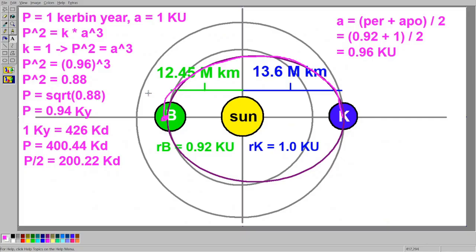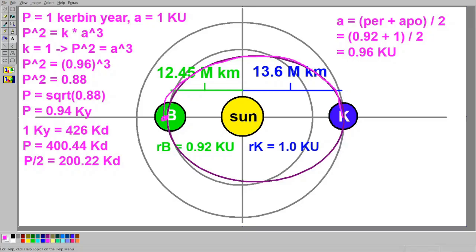So first, what I need to do is calculate how long it takes in Kerbal days for Bill Kerman to go around the sun. So first I need to calculate his orbital period or something. Are you serious?